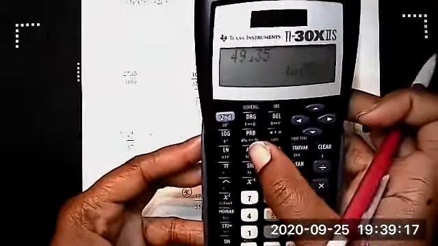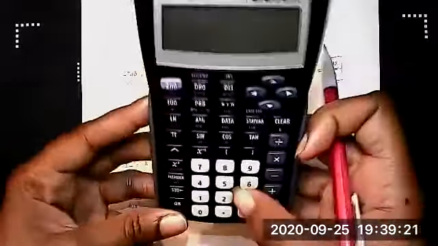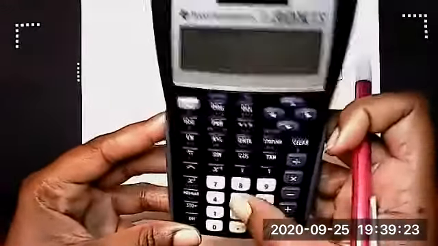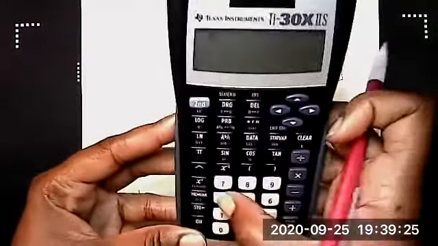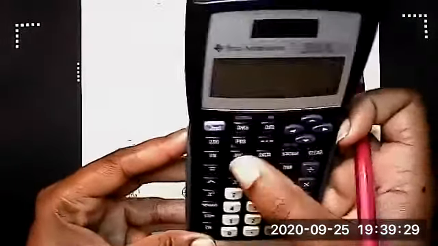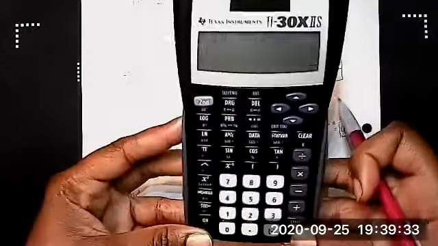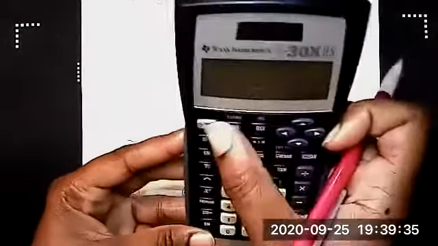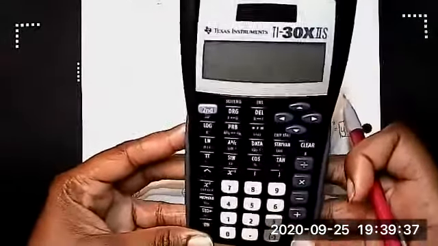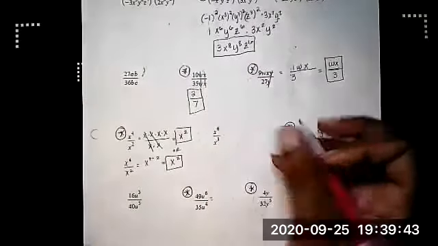And again, we do not want that mixed number. So since we don't want that mixed number, 49 divided by 35, we are going to simplify. So then it'll be 7/5. Okay. Or you can just do that in your head. 7/5.